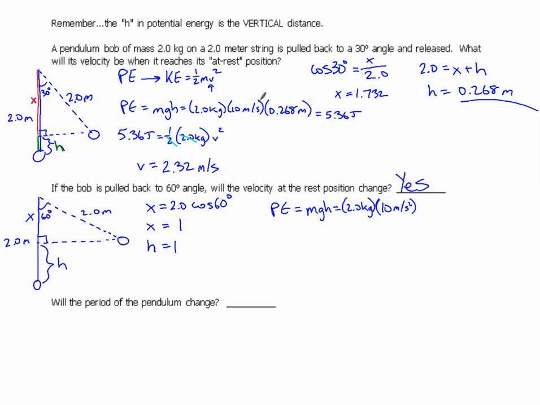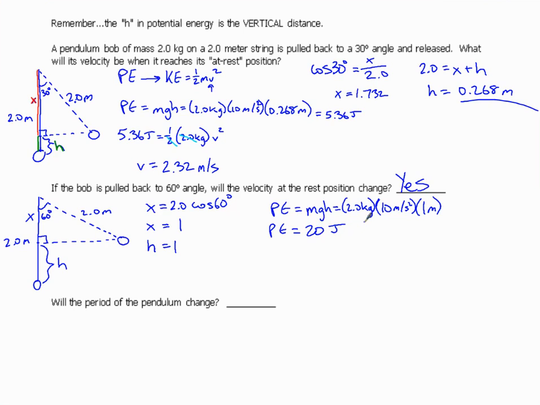Gravity is the same. And the height this time is 1 meter instead of 0.268. Potential energy is 20 joules.